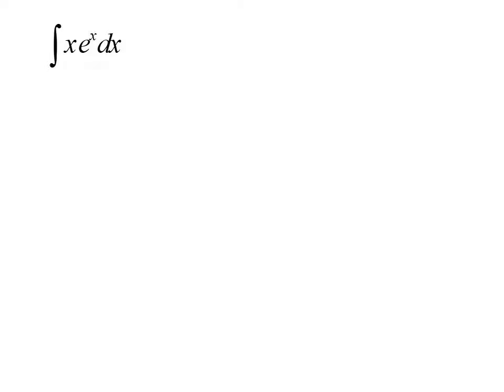If I want to try substitution on this, I would take perhaps u equals x, which means du is equal to a 1 times dx, which means our integral transforms into u times e to the u times du. Well, that's no help whatsoever. That's exactly what we had to begin with.